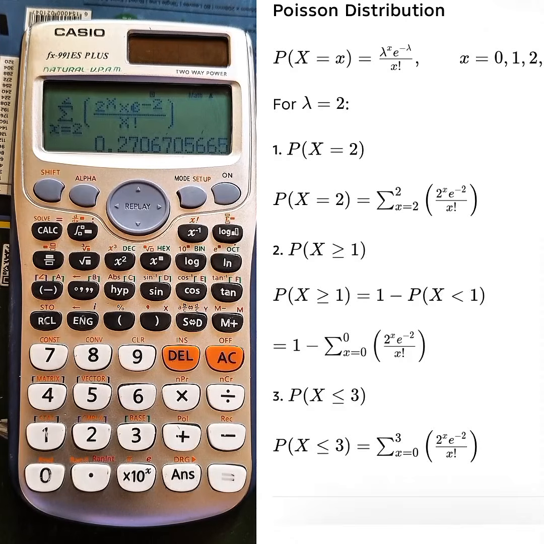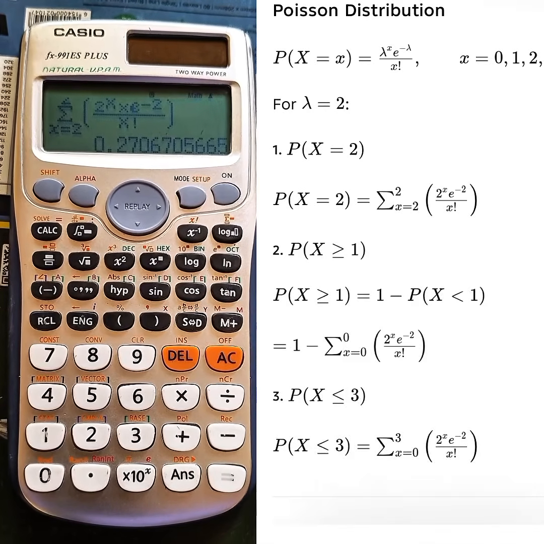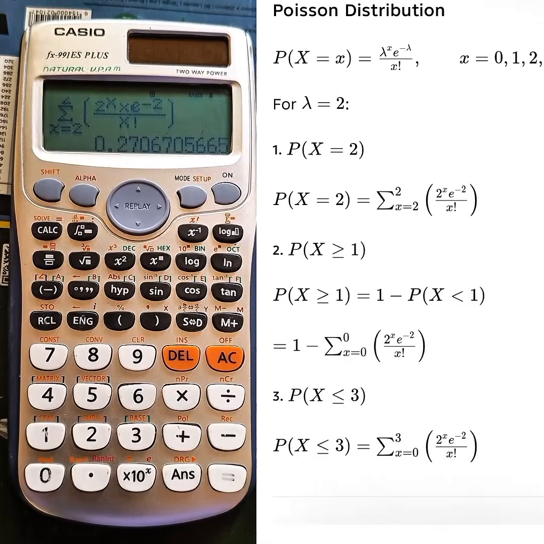So this is how to calculate for exactly 2 people. Now, for at least 1 person: one thing you should know is that for a Poisson distribution, x starts from 0 to infinity. Because they are asking for at least 1 person, that means it's going to start from 1 to infinity, and we don't know the total number at infinity.